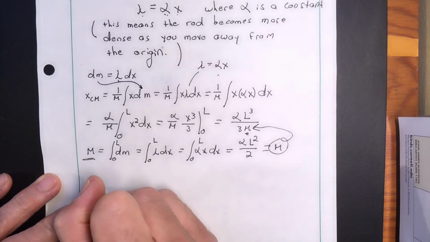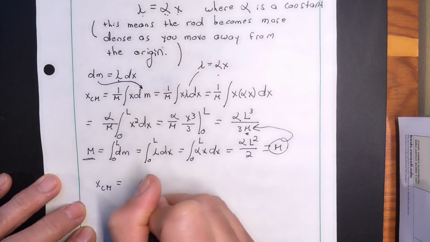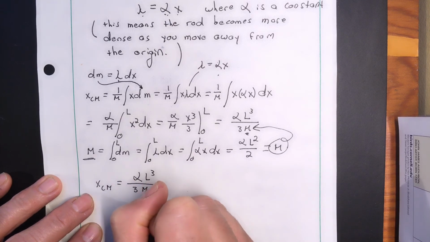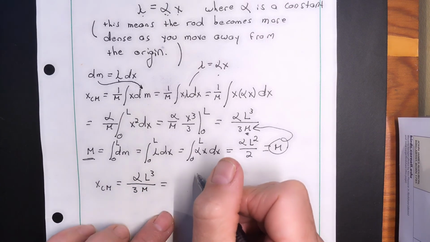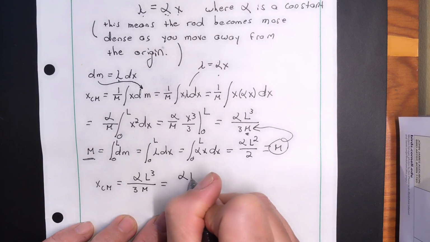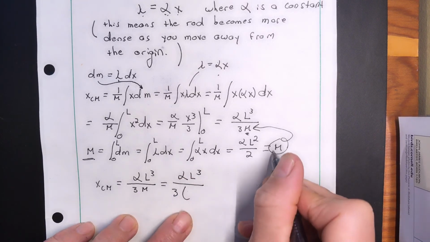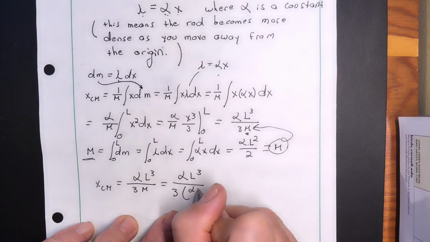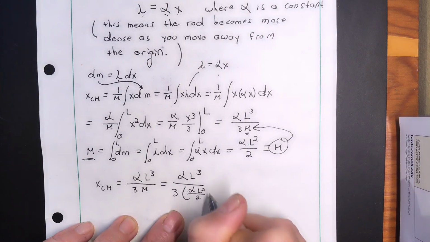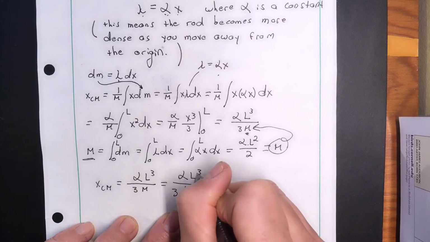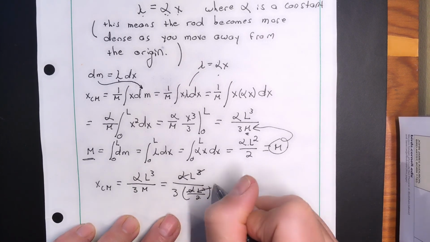Now, put this in here, and this is going to simplify things. So x cm equals alpha L cubed, just rewriting this so we know where this comes from. Alpha L cubed over 3 times, and now this goes in here, alpha L squared over 2. Okay, so this goes with that, this goes with that.